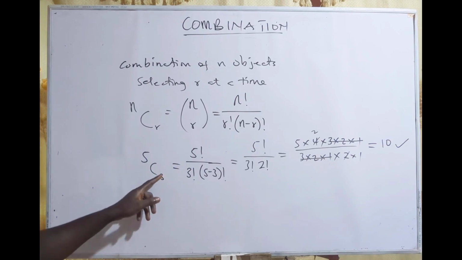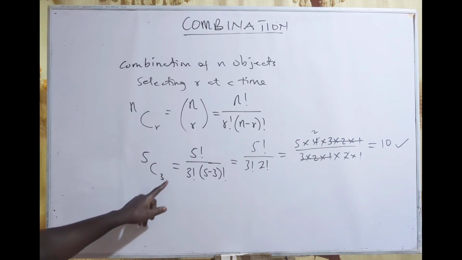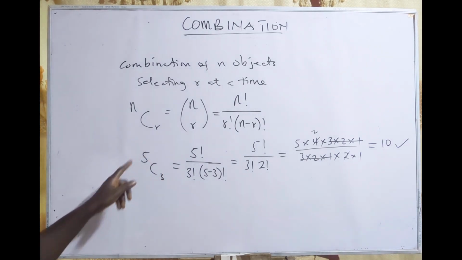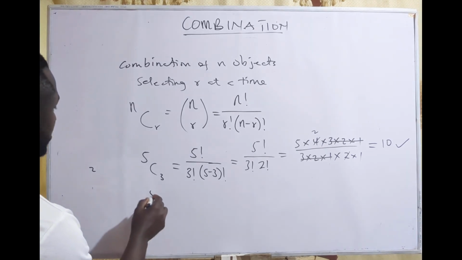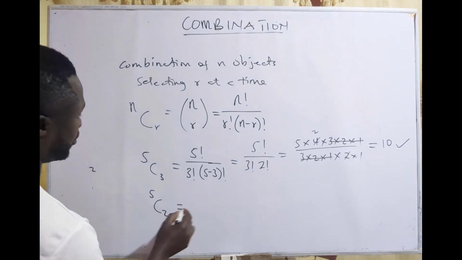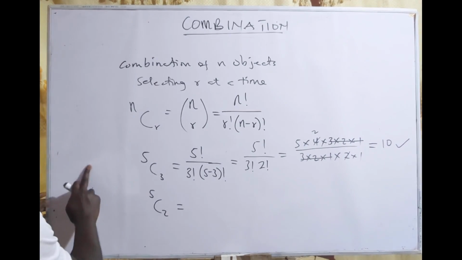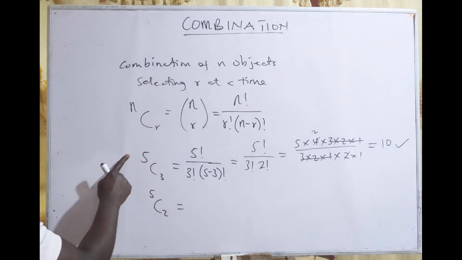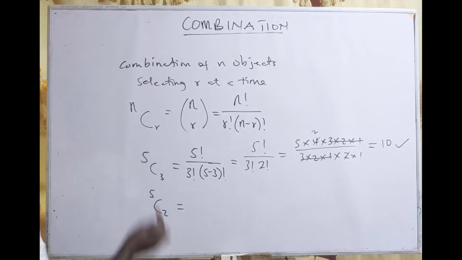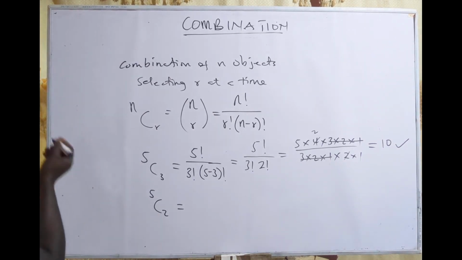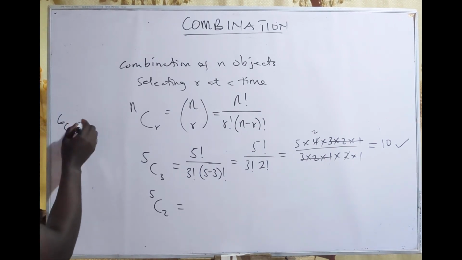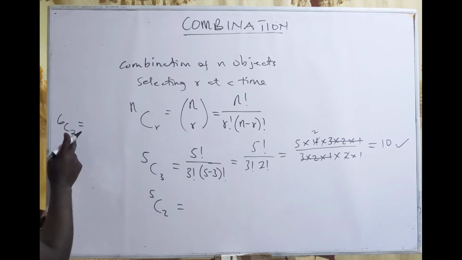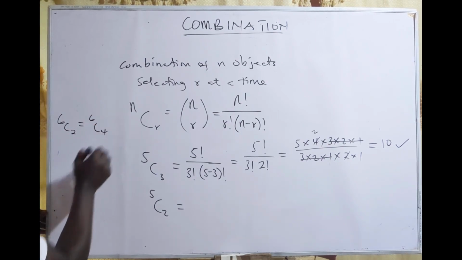And what we should know is that when you have this 5 combination 3, I have 3 here. If I subtract 3 from 5, it will give me 2. So 5 combination 3 is the same as 5 combination 2. Anytime that you take the lower value and subtract from the upper value, the combination of the numbers become the same. For instance, 6 combination 2 is the same as 6 minus 2 gives 4, 6 combination 4.